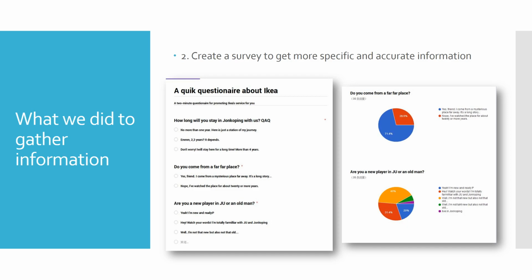Then we come to the second step. The second step was to get some specific and more accurate information. In order to achieve this, we created a survey and received more than 35 responses.